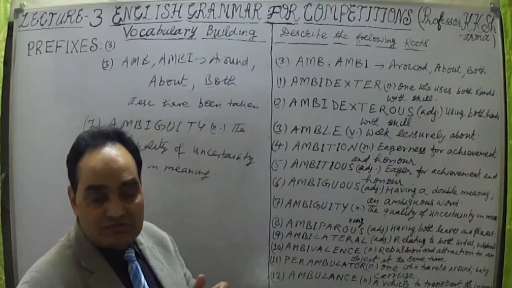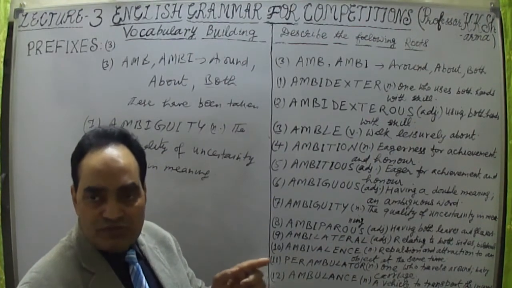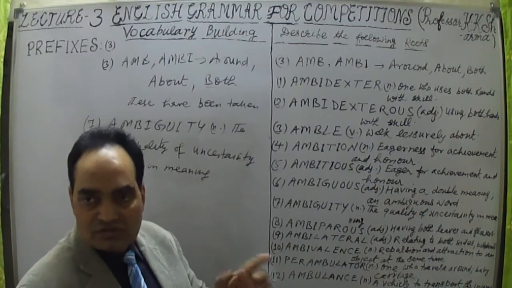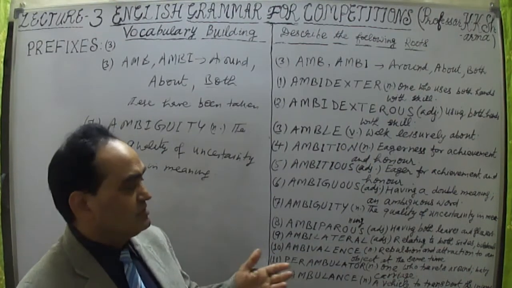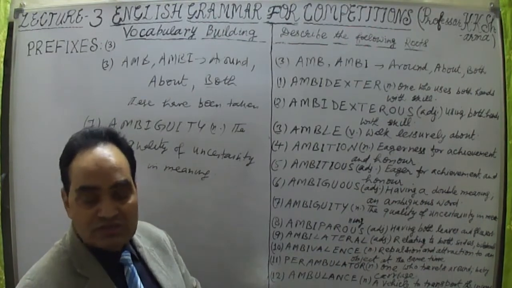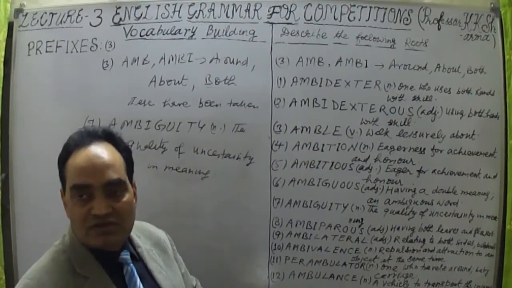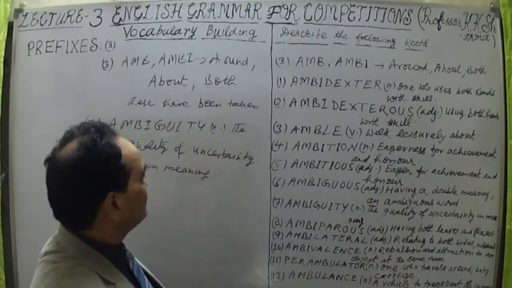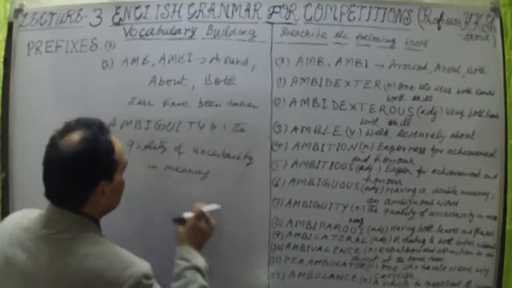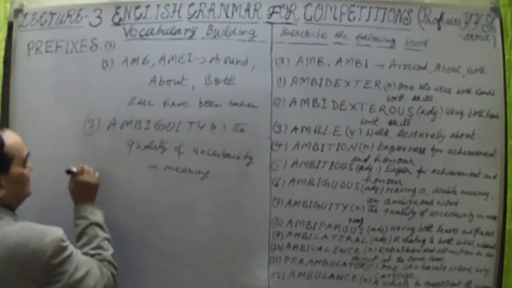So we cannot interpret it. Then we ask, what do you mean by this or that? Then the person clarifies it. No, I mean this, right? Then the word is clear. So ambiguity is having double meaning in a plan or anything. So it is the quality of uncertainty in double meaning, or in meaning, right?